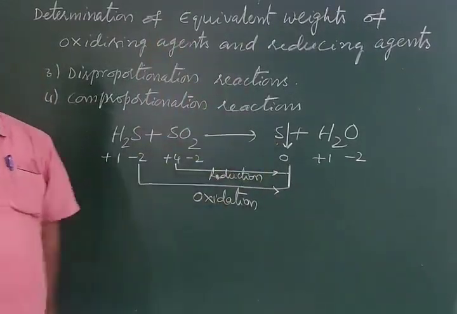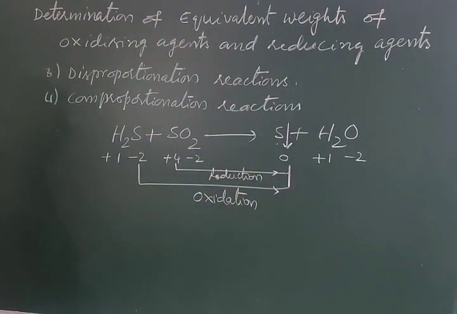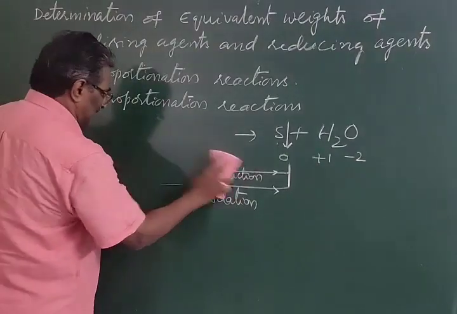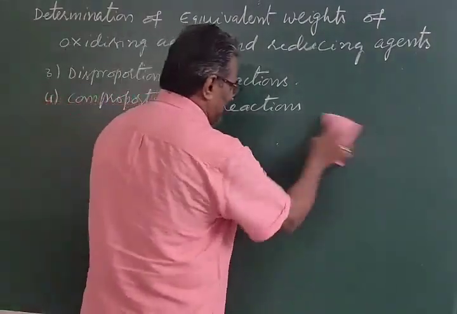This kind of redox reaction is said to be a comproportionation reaction. For this kind of reaction and normal redox reactions, the n factor is calculated in the same method.